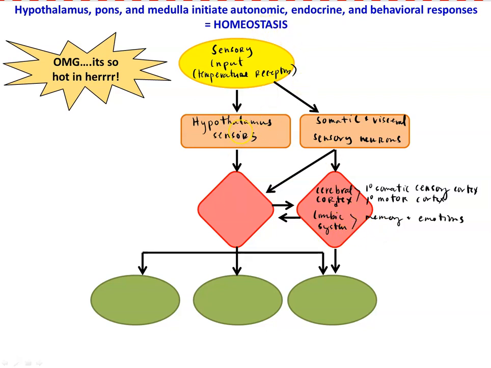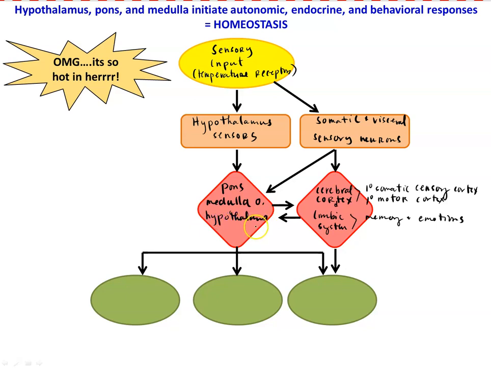Now, hypothalamic sensors are all going to talk to then the pons, the medulla. I don't like just saying medulla. It's really a medulla oblongata, but I always run out of space, right? Okay, so pons, medulla oblongata, and then this is also the hypothalamus.